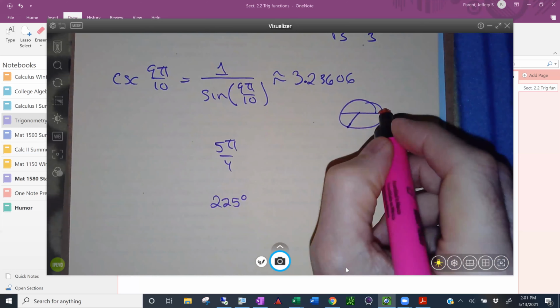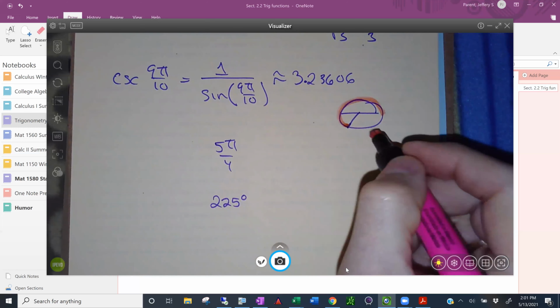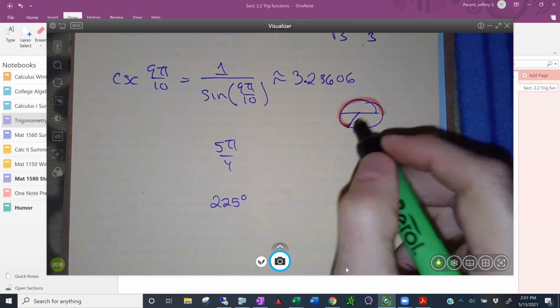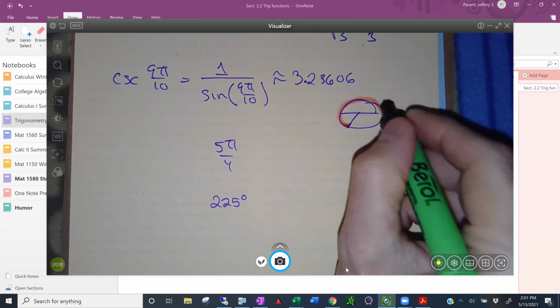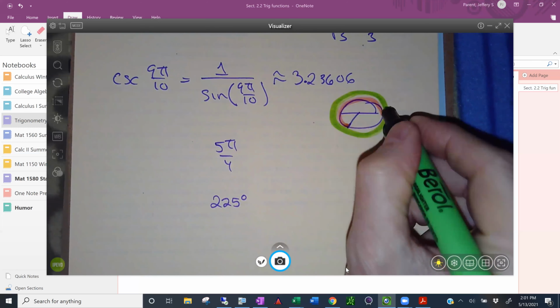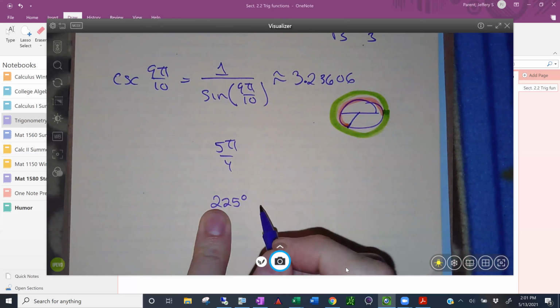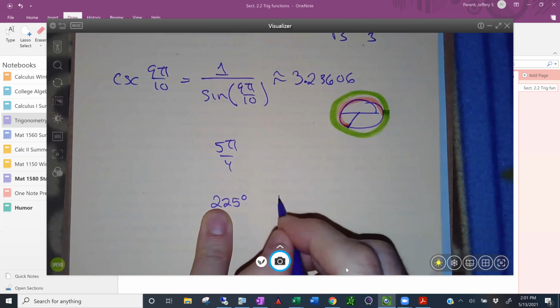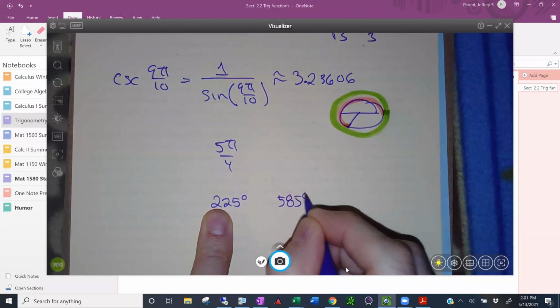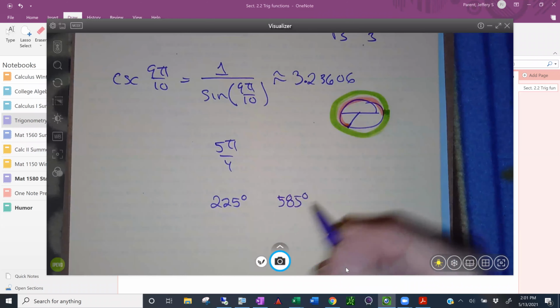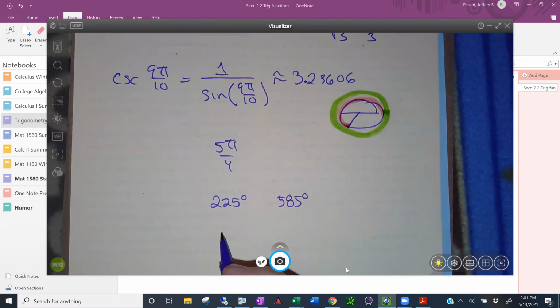I can go right there, or I could go once around the unit circle and then go right there. That additional lap around the unit circle is like adding 360 degrees, so that'd be 585 degrees. So that's one positive, and this is the second positive angle.